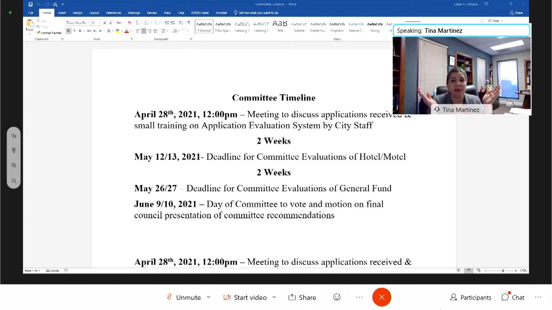Technically, that's an incomplete application. I work with different grants. Some federal grants are very strict that even you not clicking on something, leaving a blank, can be grounds for incompleteness. That is why I bring to the committee what type of incompleteness we are letting you know, so that you all can decide if that's really an incomplete application or not.